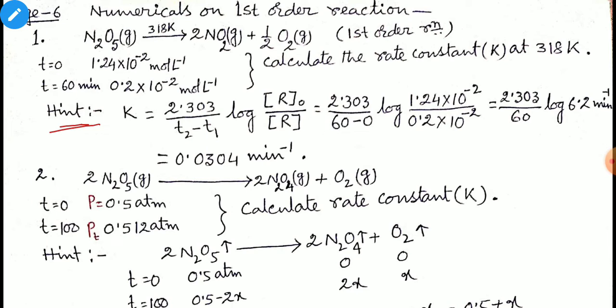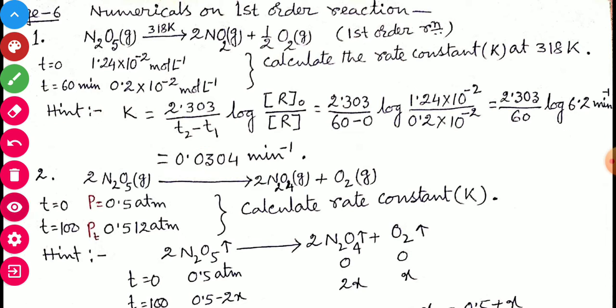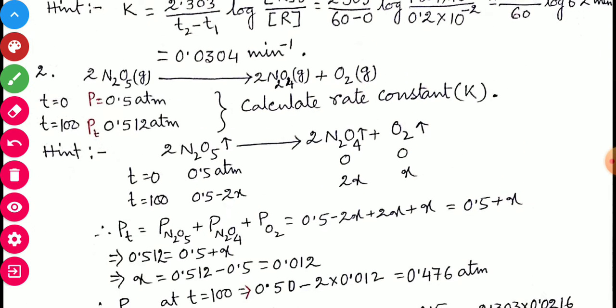Formula used: k equal to 2.303 by (t2 minus t1) log molar concentration of R naught by molar concentration of R. This gives 2.303 by (60 minus 0) log 1.24 into 10 to the power minus 2 by 0.2 into 10 to the power minus 2. Calculating the value, we get 0.0304 per minute.